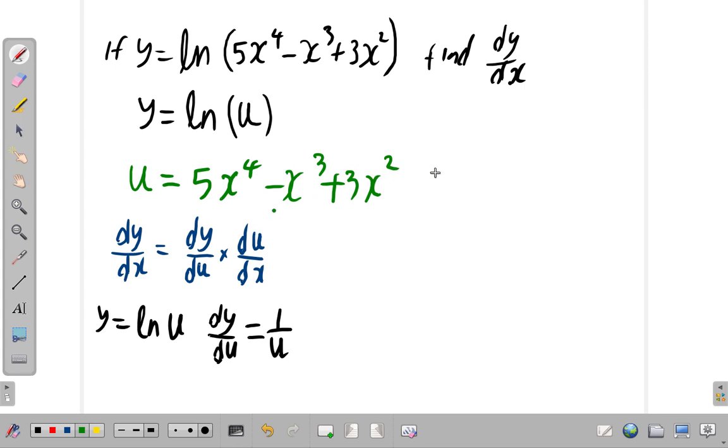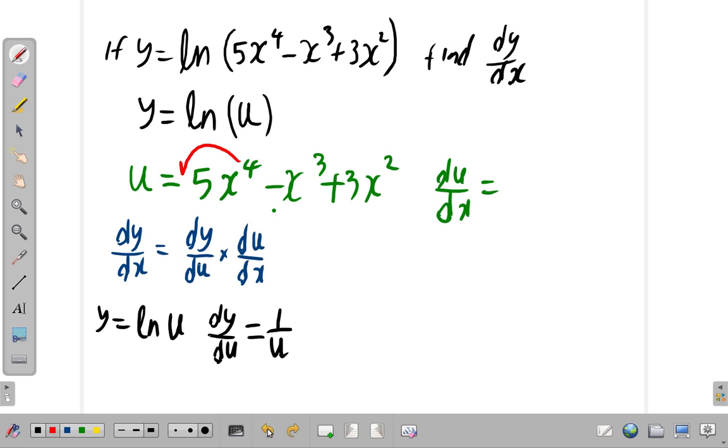This is u. So du by dx is equal to, now we use the power rule. You know that when you have 5x to the fourth, it's 5x to a power. You're going to bring 4 down in front and multiply by the 4.